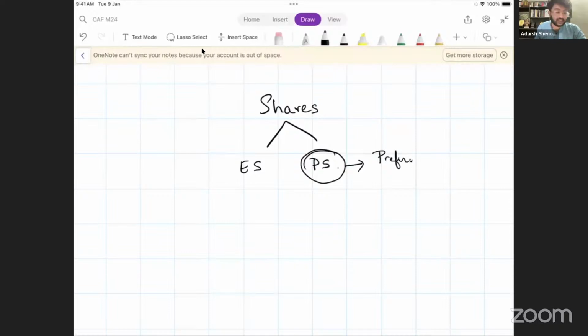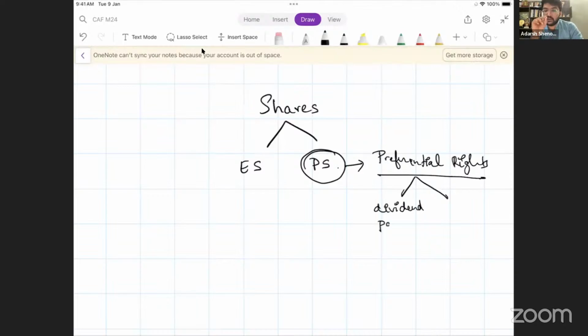So it has two preferential rights, right? One is while paying the dividend. So dividend payout only, they have a preference. What this means is when the company annually gives dividend, first the dividend is paid to the preference shareholders, and then it is given to the equity shareholders.